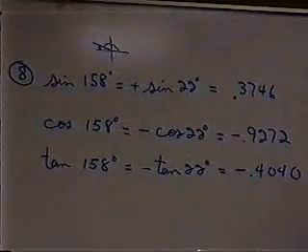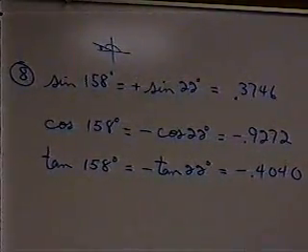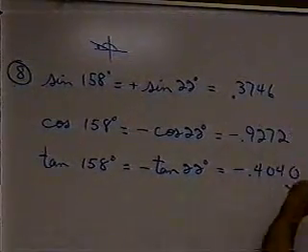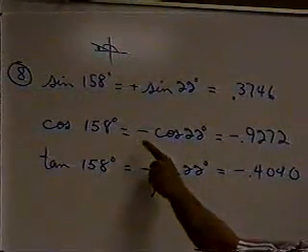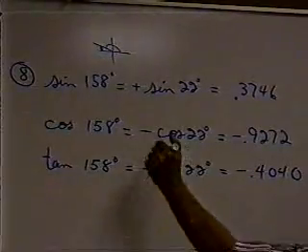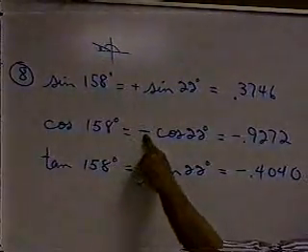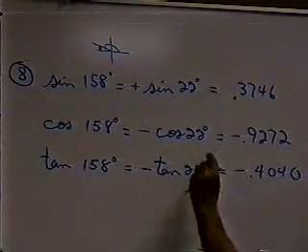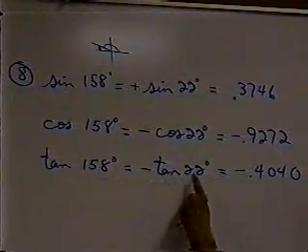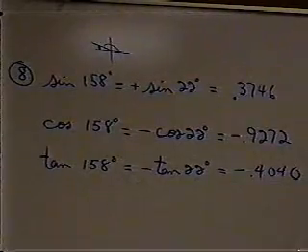Then you go look up the sine of 22 degrees, which is 0.3746. Cosine of 158, now let's see, cosine is in quadrant 2. Over there, x is negative, so the answer is a minus cosine 22. Tangent 158, minus tangent 22.